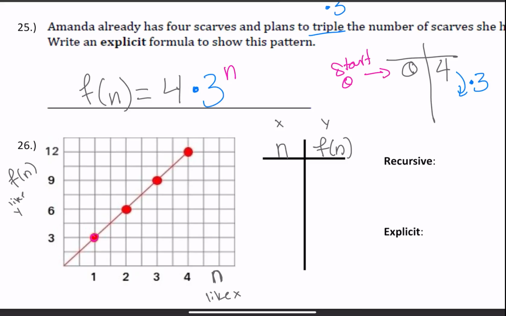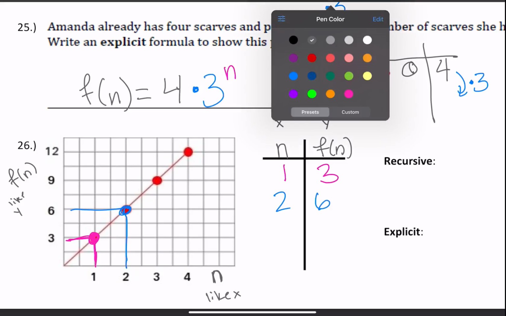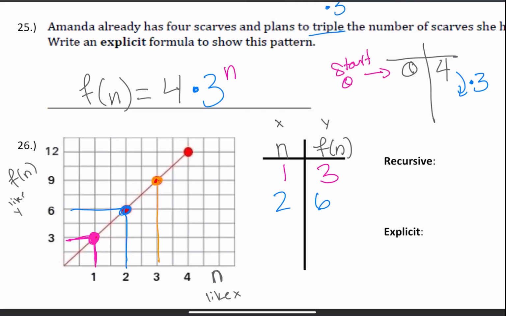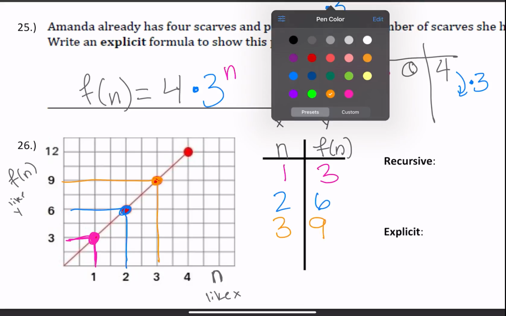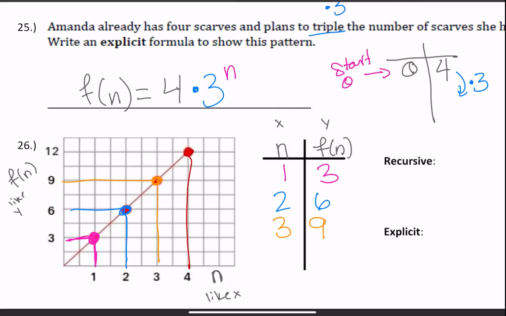So, first point, its n is 1, its f of n is 3. Second point, its n is 2, its f of n is 6. Third point, its n is 3, its f of n is 9. Last point, its n is 4, its f of n is 12.